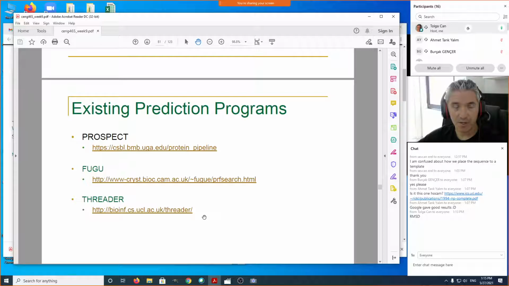One of the reasons we sometimes do structure prediction is, for example, when we have a protein structure that is truncated at the end, missing some 20-30 amino acids, how is this truncation going to change its structure? You may first model that truncated protein sequence, and then compare it with the non-truncated version, to see whether certain active sites are lost or whether the surface of the protein changes.